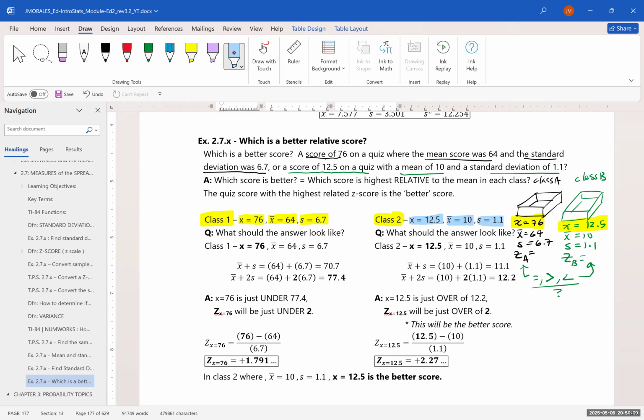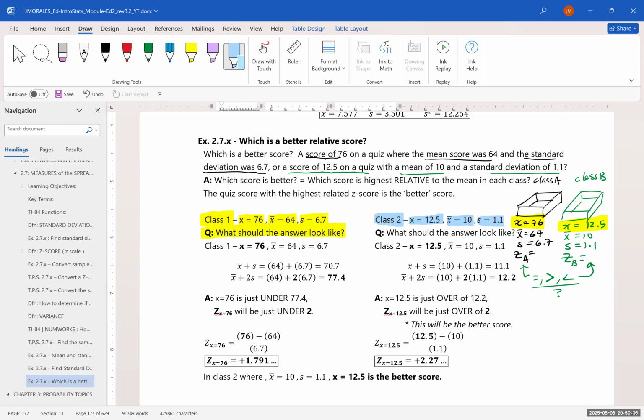So we just want to convert these into z-scores. So let's skip this first part here. The question is, what should the answer look like? Let's go ahead and talk about that. That's an important thing to talk about.